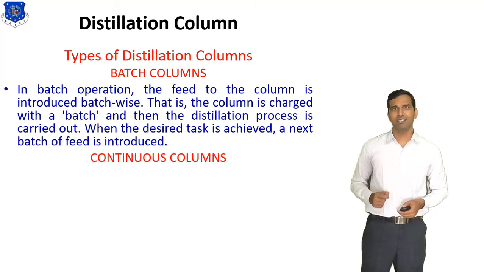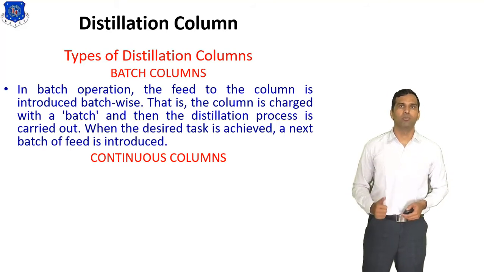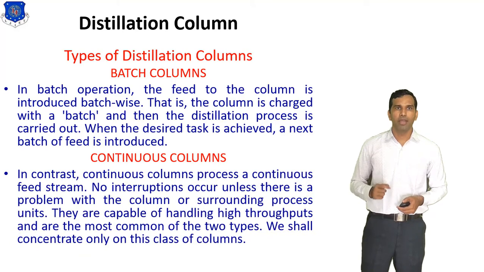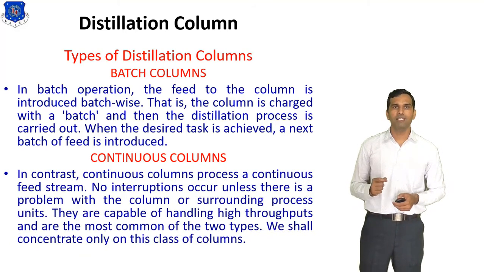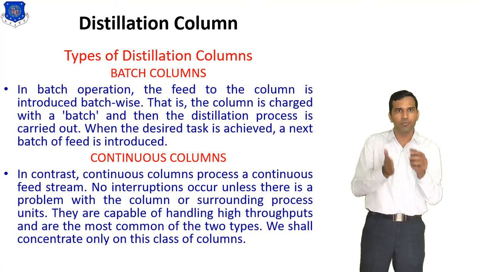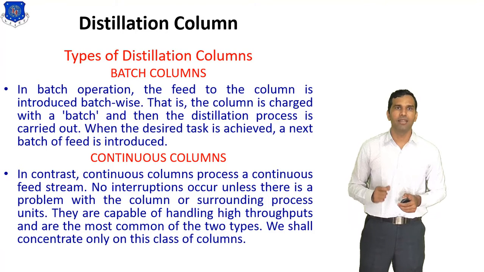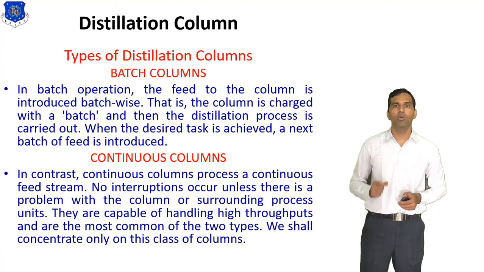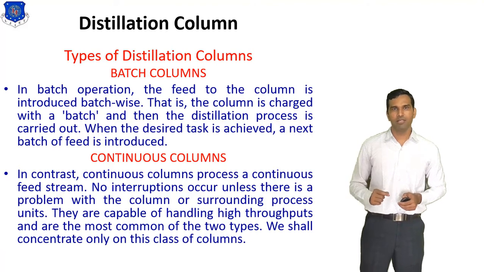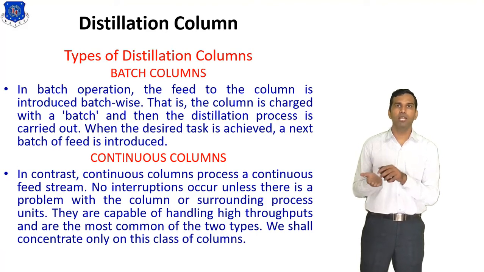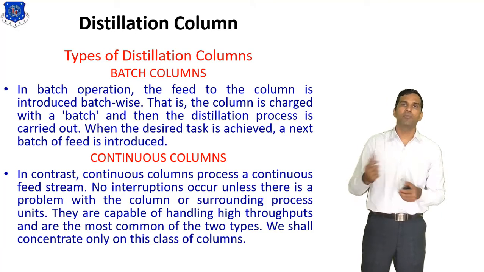The next type is the continuous column. You can understand that this is the opposite of the batch column. In contrast, a continuous column processes a continuous feed stream. No interruption occurs unless there is a problem with the column or surrounding process unit. That means in this system, we continuously feed the material and we get the product.